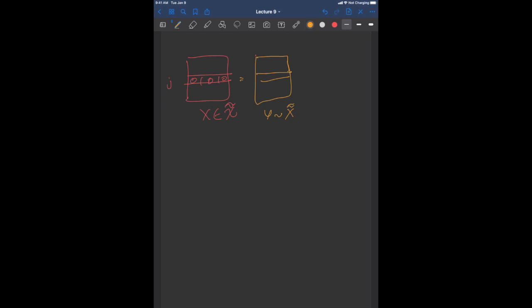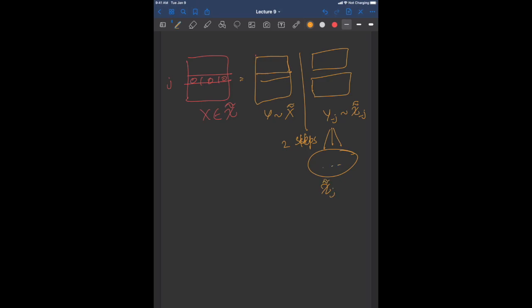We can think of sampling y in two stages. First we sample this partial matrix, without the jth entry. So the sampling procedure can be done in two steps: first sample y minus j uniformly at random from x tilde tilde minus j, and then sample one of the neighbors of y minus j into x tilde tilde j.